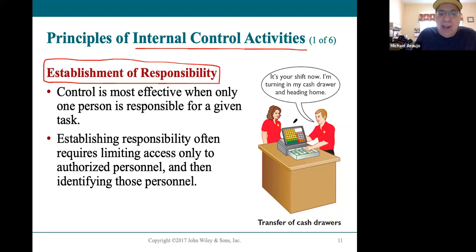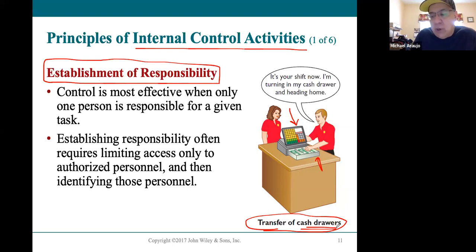Here they have an example of a cash register where every employee has their own cash drawer. When you get into your shift, you will get your own cash drawer.